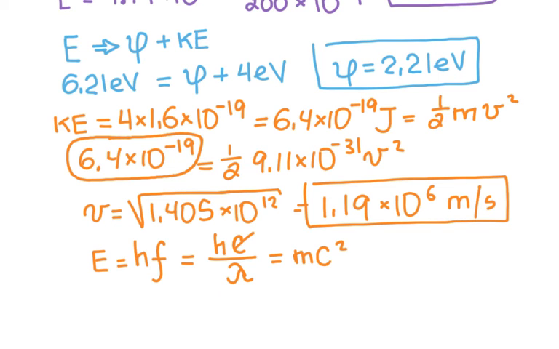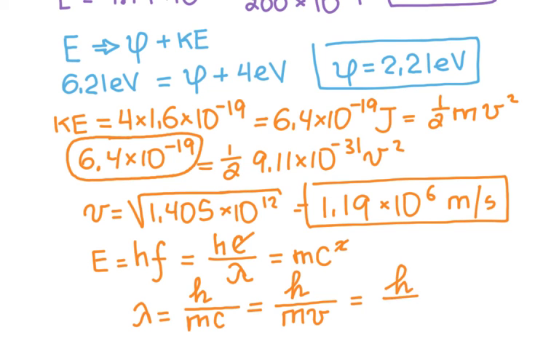If one of these c's cancels, then the wavelength is going to be equal to Planck's constant divided by the mass times the speed of light. But the electrons do not move with the speed of light, so we have Planck's constant divided by the mass times velocity. In other words, Planck's constant divided by the momentum of those electrons.